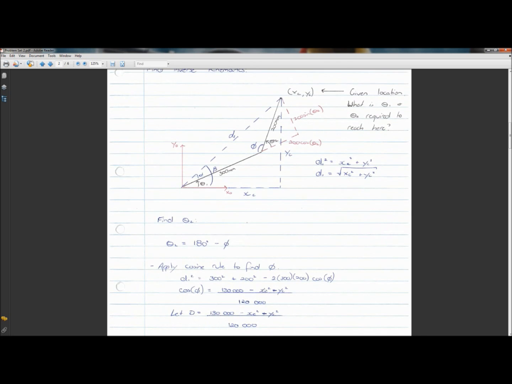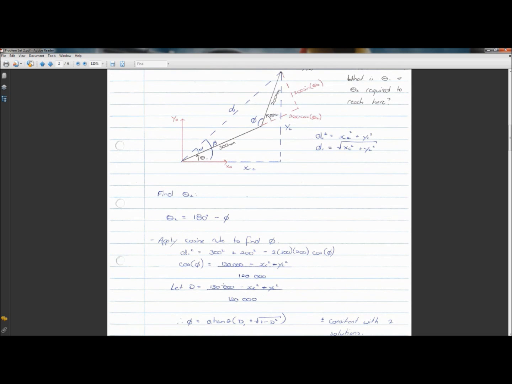Rearranging that for cos phi, you get 130,000 minus xc squared minus yc squared, all over 120,000. You can rearrange that if you wish. What we generally do is let D equal this expression here, as I've done there.